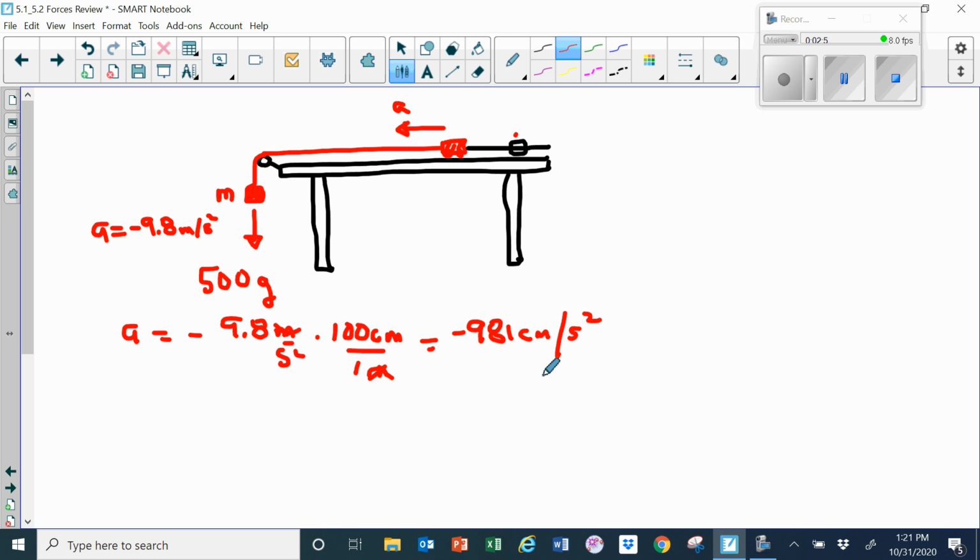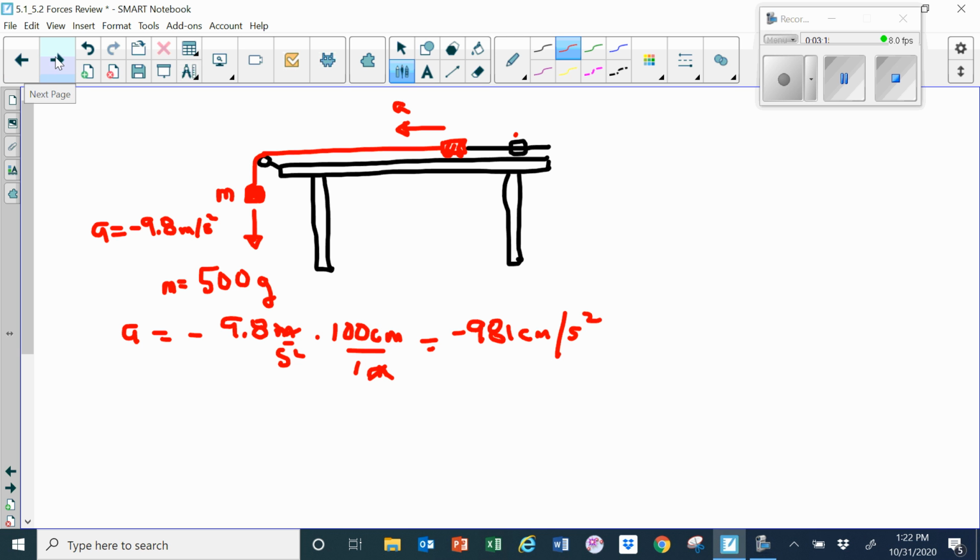So if we knew that, what's the force provided by the weight when it's in free fall? We want to find the force provided by the weight. The mass is 500 grams, and the acceleration is 981 centimeters per second squared. We want to know the force. So let's calculate that.